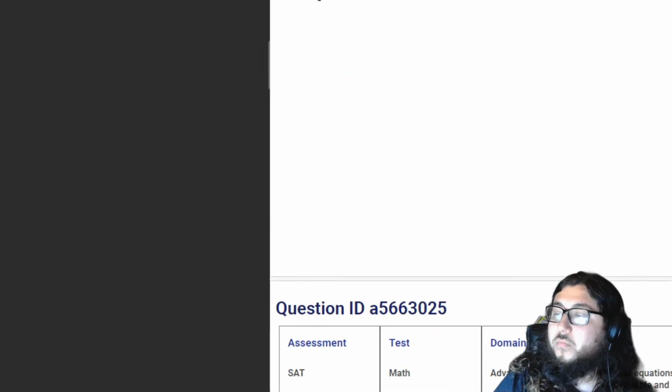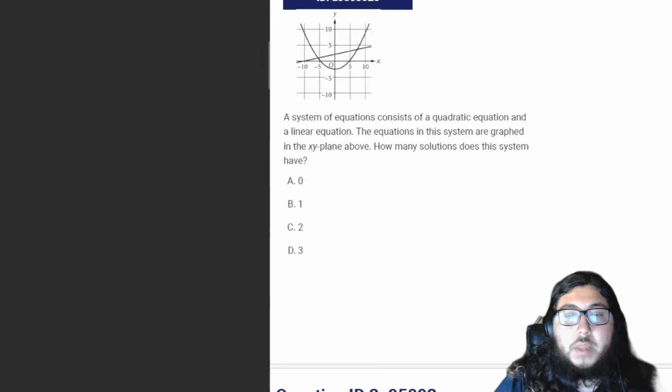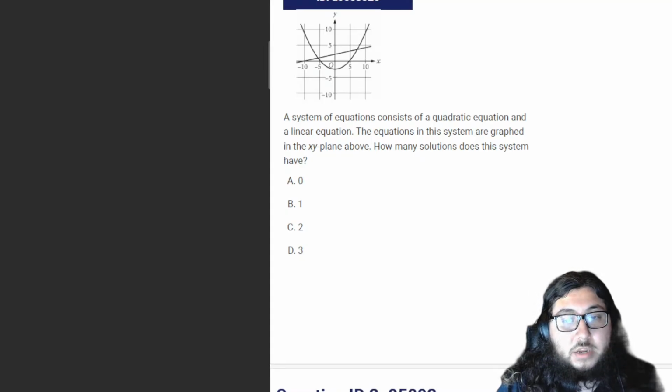So next, we're going to do this problem. A system of equations consists of a quadratic equation and a linear equation. The equations in this system are graphed in the xy plane above. How many solutions does this system have? I want you guys to let me know what you all think. I'll give you about 15 seconds to respond.